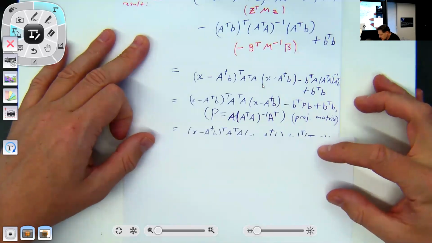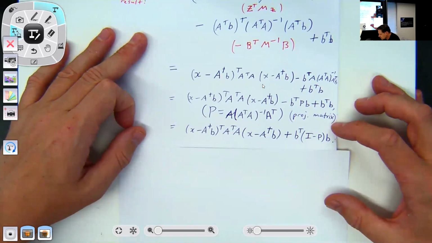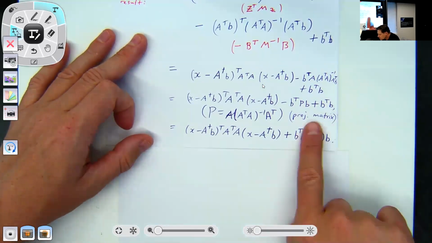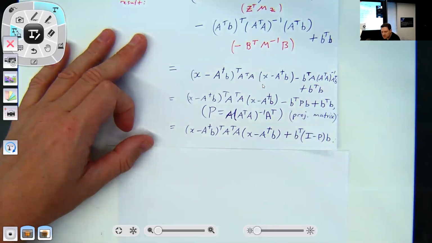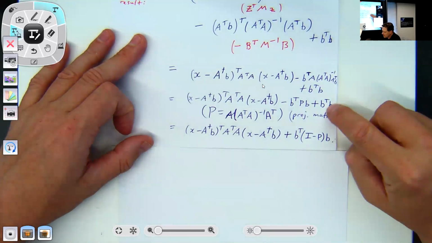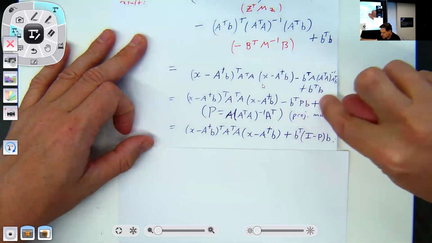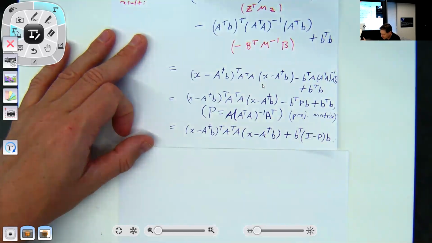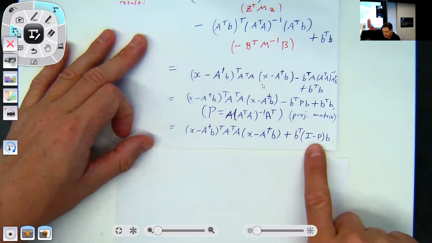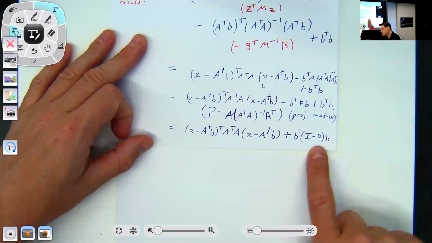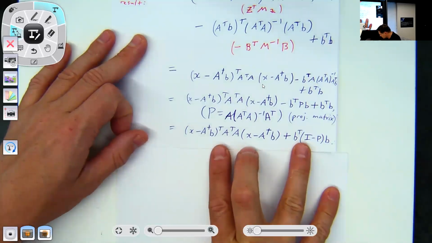Okay, continuing on. So now, finally, we can take this last little piece of it, turn this around, right? So we put the minus back in, and then factor out the B transpose on the left, factor the lowercase b on the right, and so we end up with B transpose in brackets, identity minus the projection matrix P times B. Okay, so this got a little bit better.